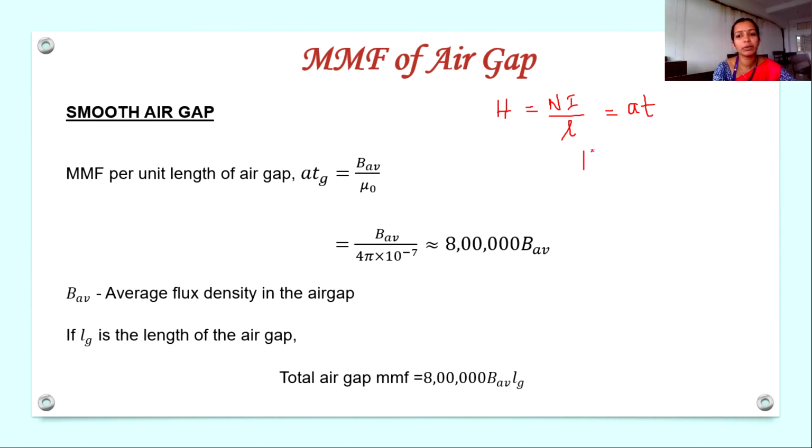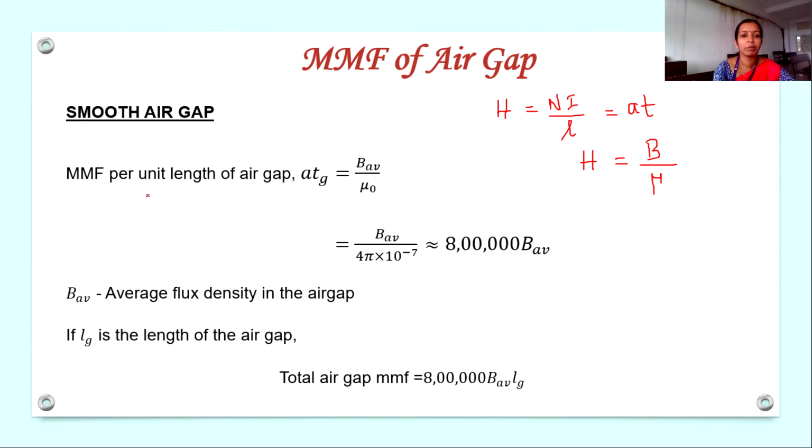We know another equation of H, that is H is equal to B, the flux density, divided by absolute permeability mu. If we use this equation, we will get the value of H, and then by multiplying that H with air gap length L, we can calculate the MMF.